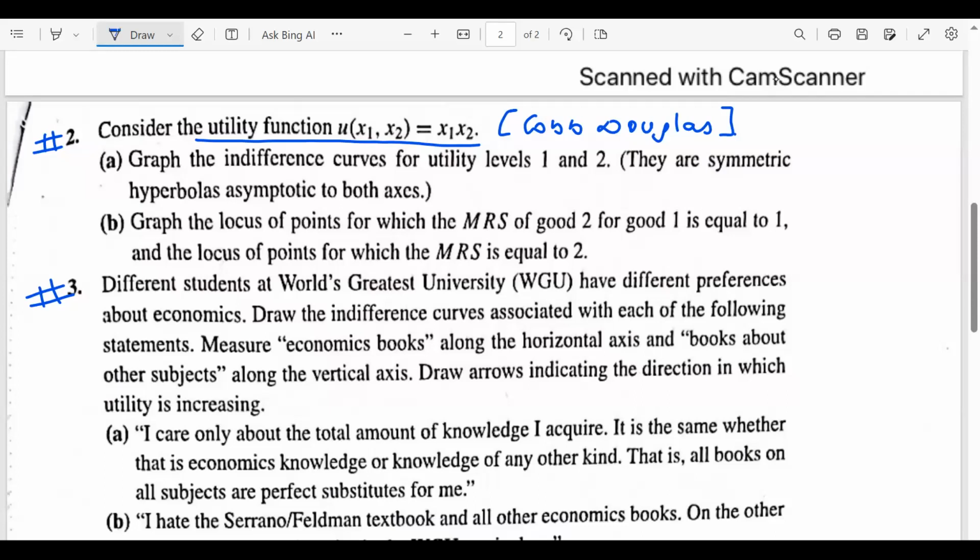I hope all students can now see my whiteboard. I am just writing the main heading for completeness. We are looking at the worked out problems from chapter 2 of Serrano and Feldman.